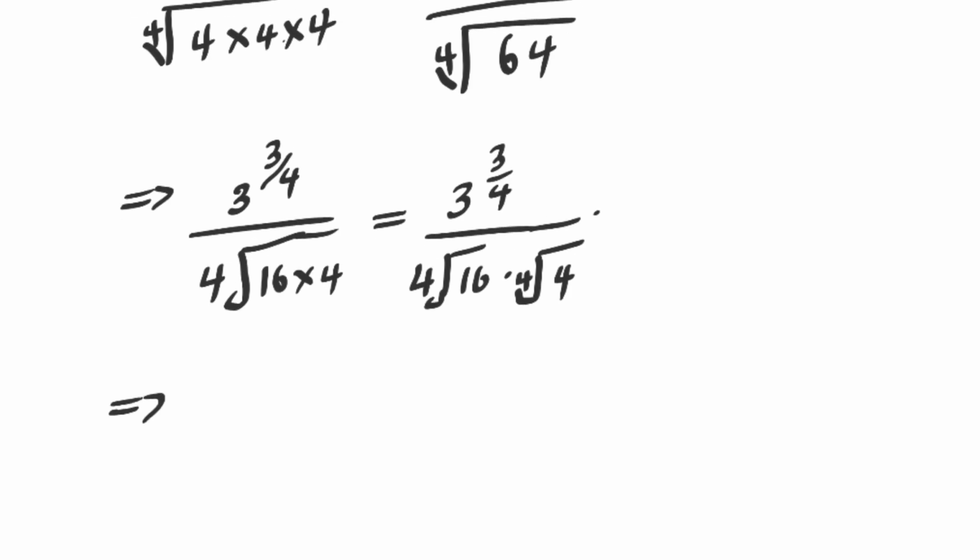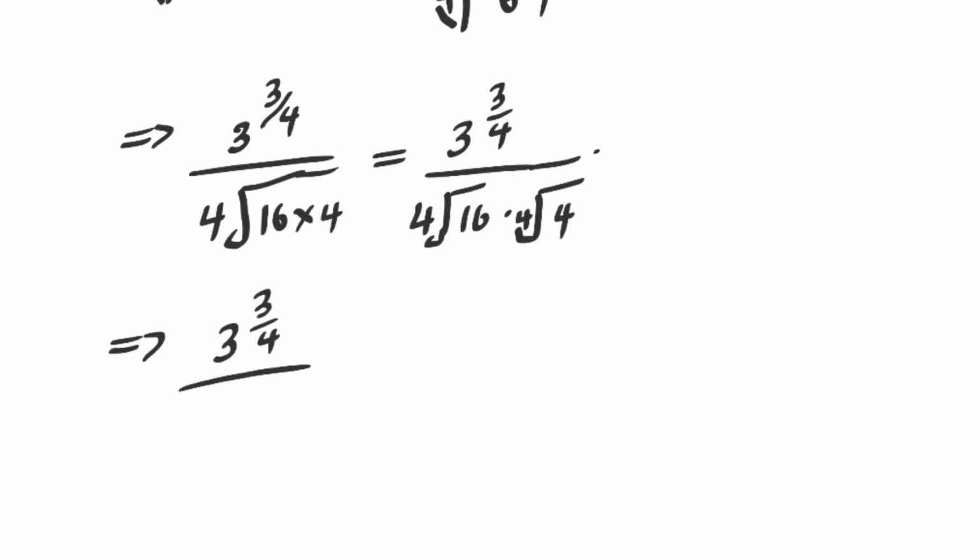The fourth root of 16 is 16 raised to the power 1/4, multiplied by the fourth root of 4, which is the same thing as the fourth root of 2 raised to the power 2.